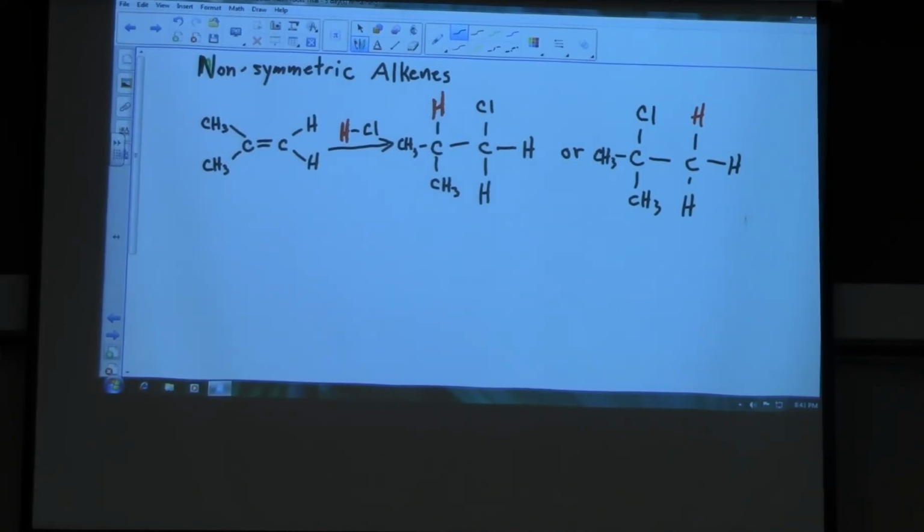Are these the same possibilities you came up with? Okay, so we can either add the HCl across the double bond where the H goes to the more substituted side of the alkene, in other words, the side that has the two CH3s, or we can set it up so that the hydrogen goes to the less substituted of the two carbons of the alkene.